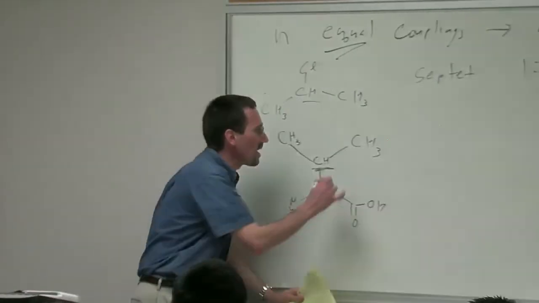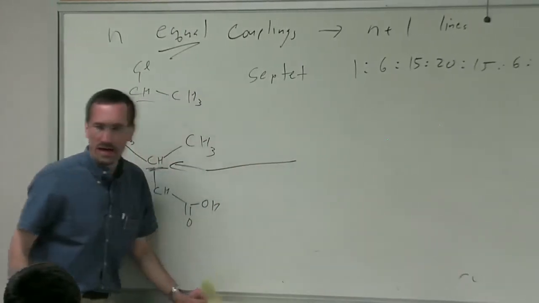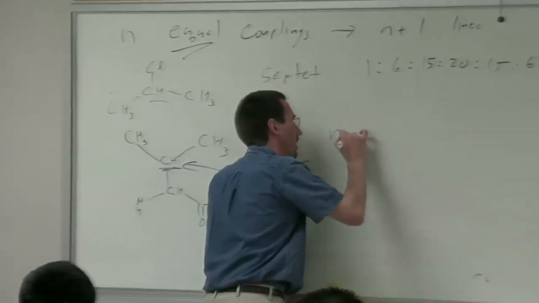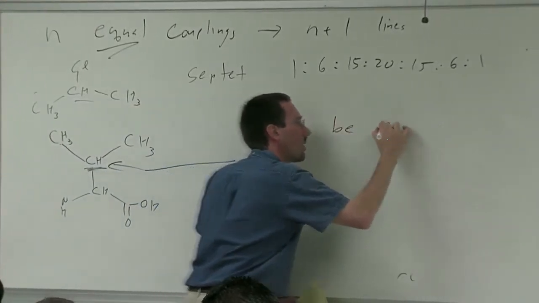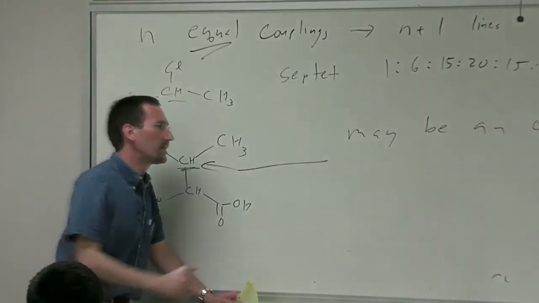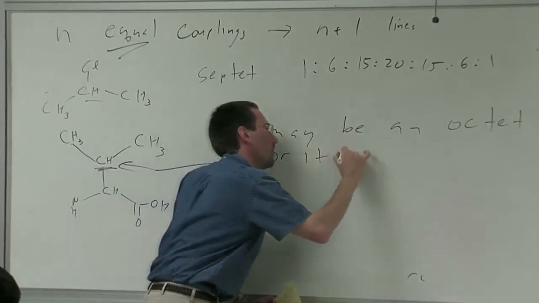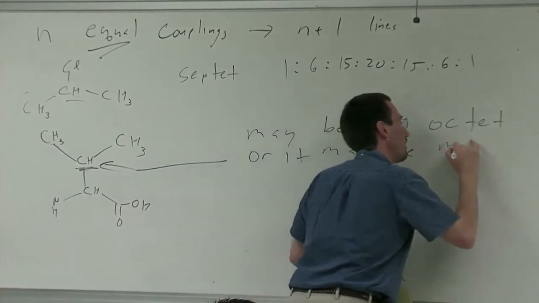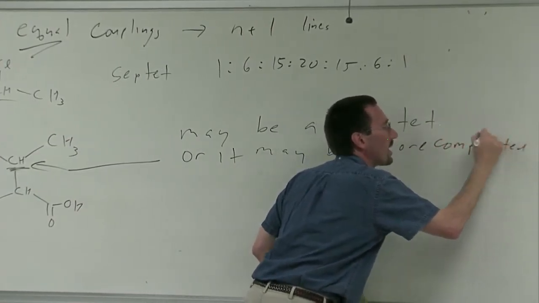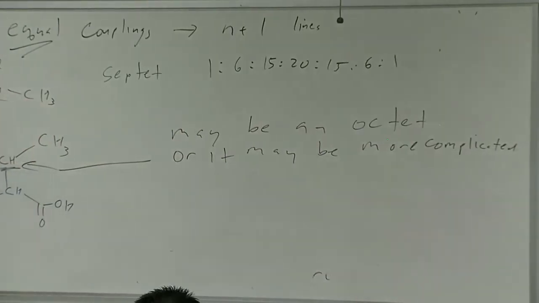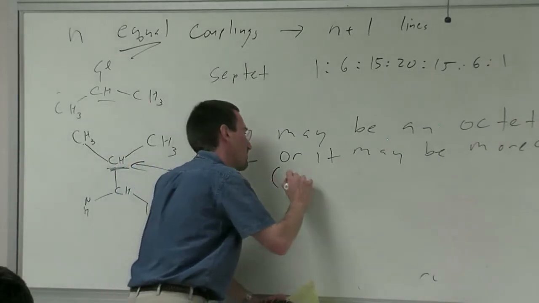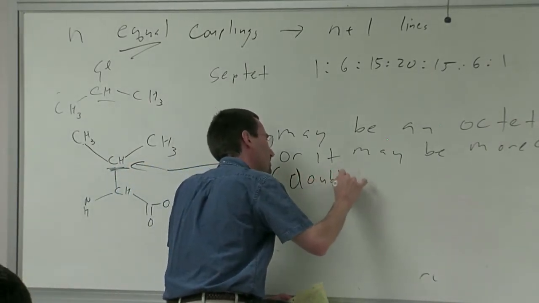Depending on whether the coupling constants are equal, it may be an octet, or it may be more complicated. And I can tell you from experience, in this case, it would be more complicated. It would be a doublet of septets, which you would probably report as a multiplet.